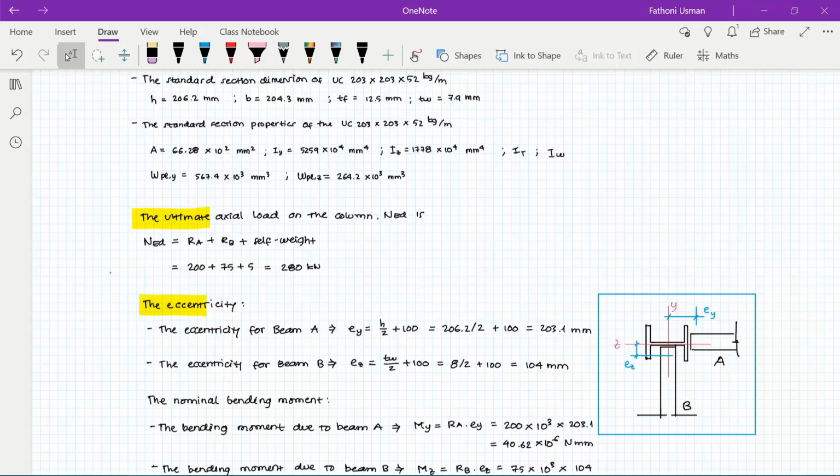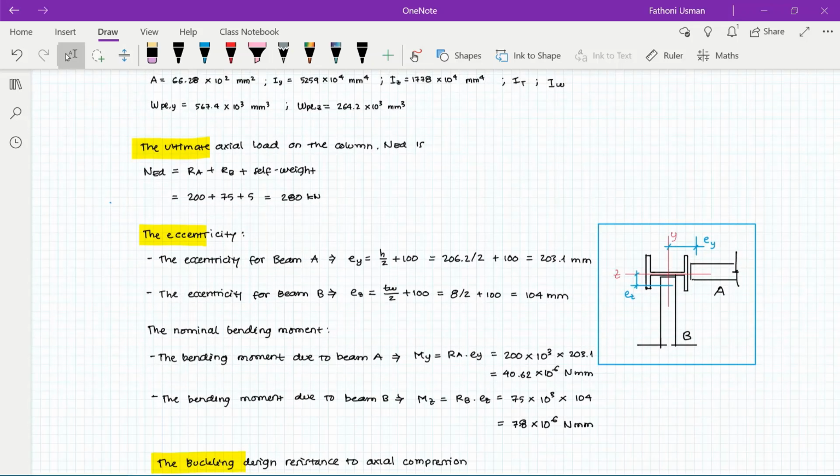Bending will occur on the column about both axes, and the buckling also will occur about both axes.